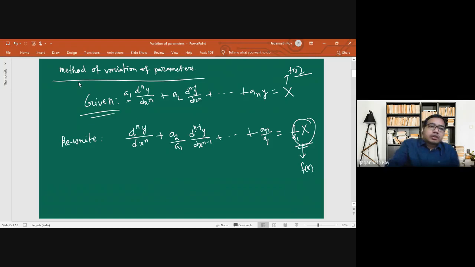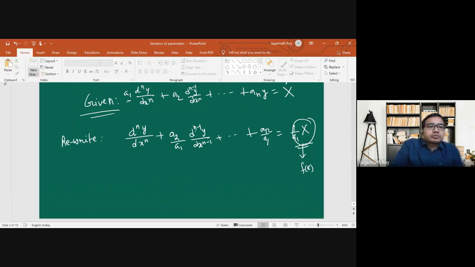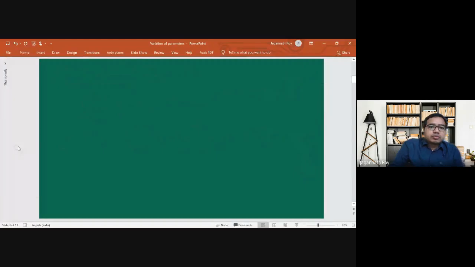Now let us consider the simple case: d2y by dx2 plus b into dy by dx plus c into y equals X. Here a equals 1, so we are not writing a, and that is why we are taking only b and c.